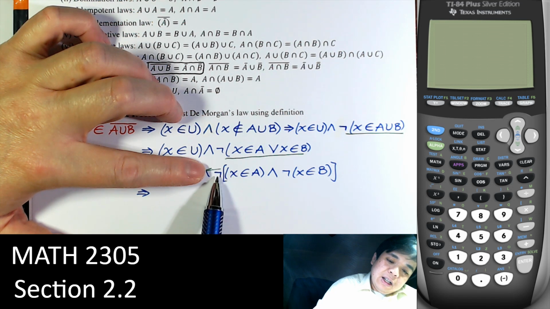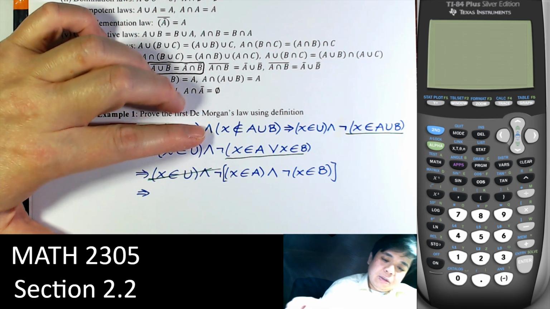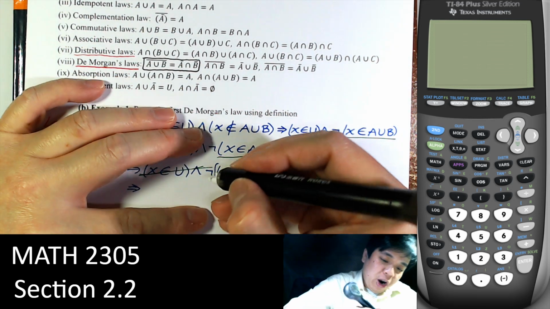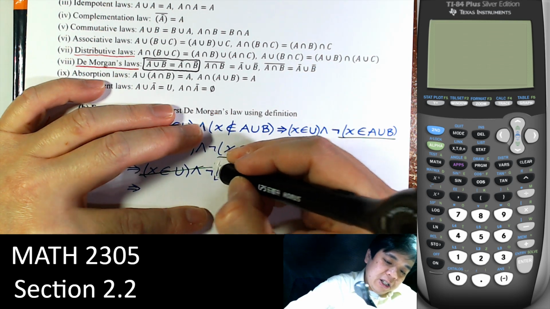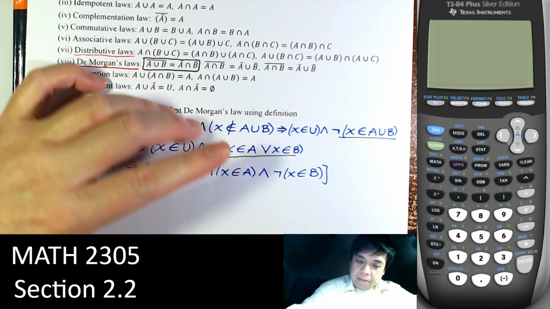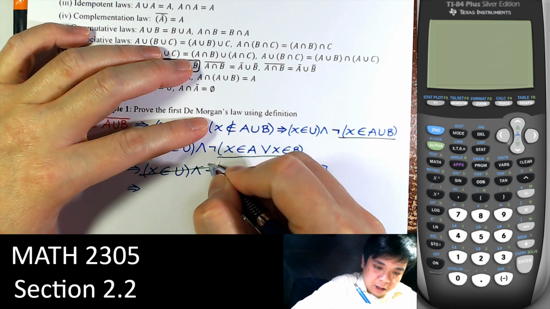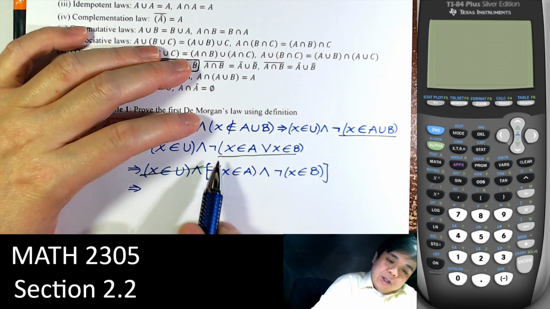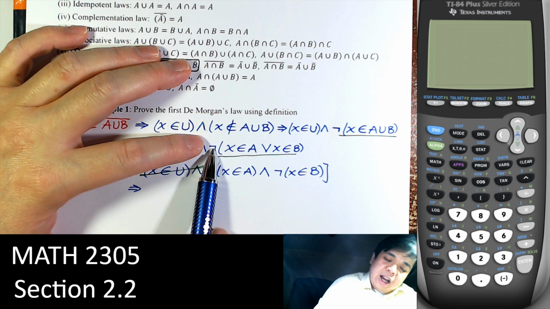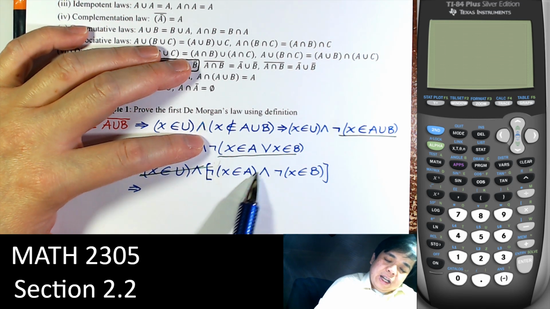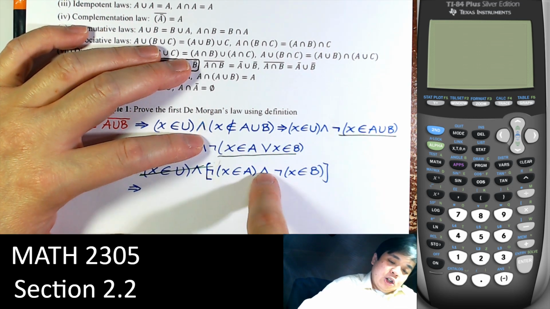Sorry, I put the bracket in the wrong place. So with De Morgan's law, the negation applies to this, then flip the disjunction to a conjunction.